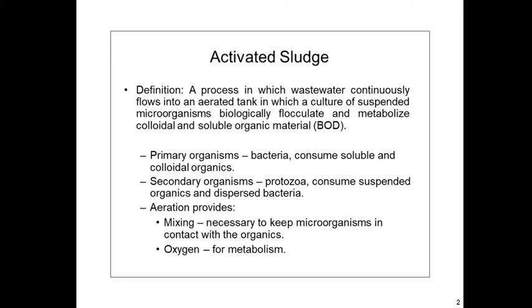Okay, so in activated sludge, wastewater continuously flows into an aeration tank in which a culture of microorganisms is suspended and biologically flocculates, and the colloidal and soluble organic material is converted to simpler matter. The aerobic treatment process utilizes a mixed population of microorganisms.